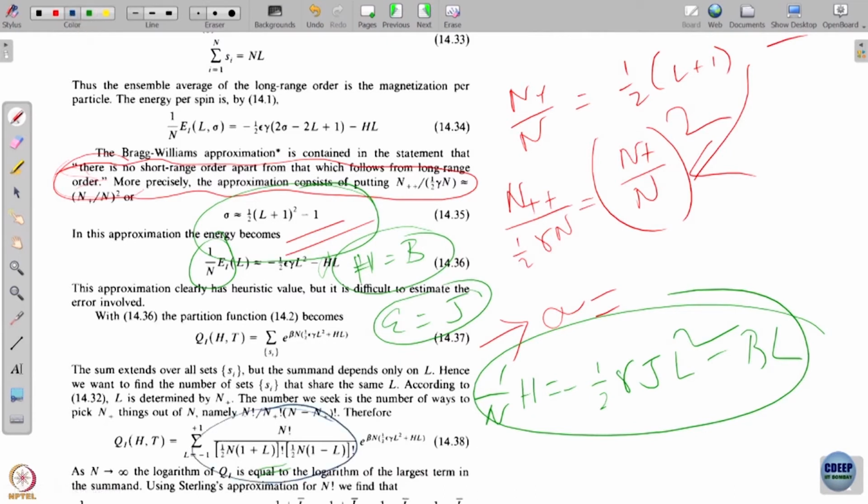This is the number of ways to distribute, for a given configuration with L, because I started with n plus and n plus plus, that was the exact.